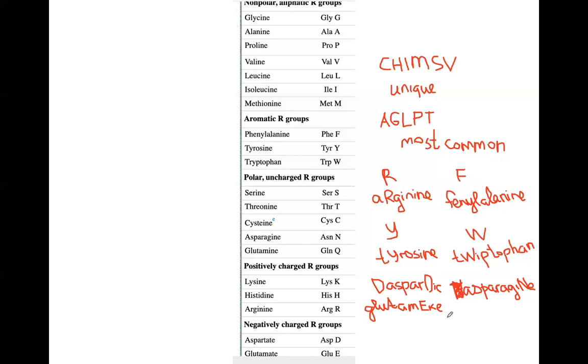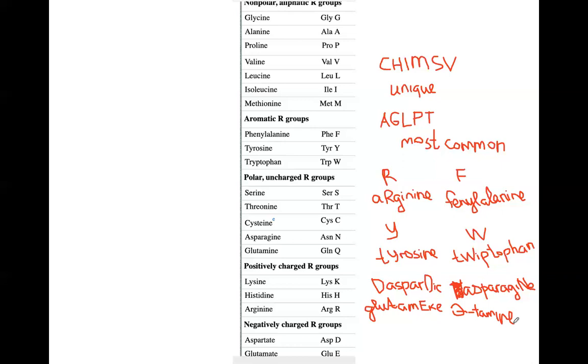And the last one is, no, the second to last one is glutamine. And that will be Q, glutamine.